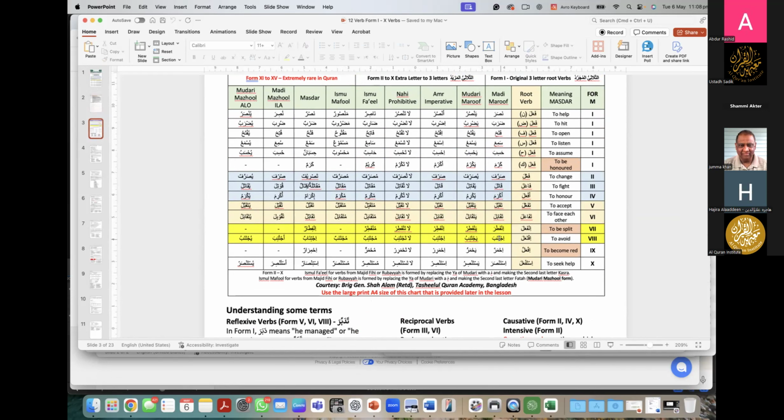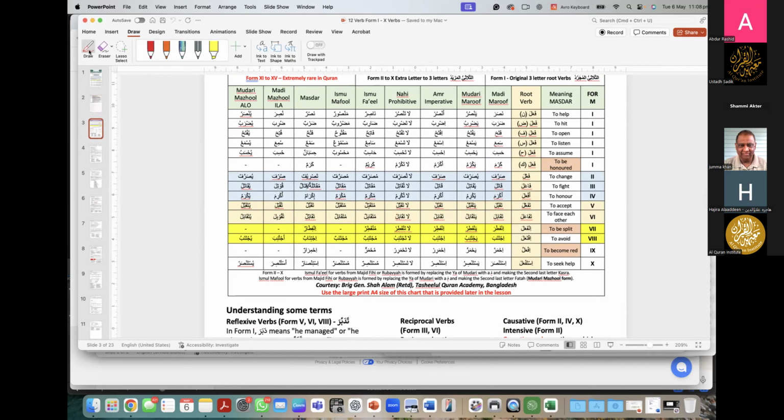Through a teaching like this, it's not possible. 10 forms of verbs, okay? Now, only this one has got Hamza. Okay, very important takeaway. I didn't know it for a very long time when I started, okay? Gradually, one after another, I just overcame the complexity barrier, alhamdulillah. So that is something to remember.